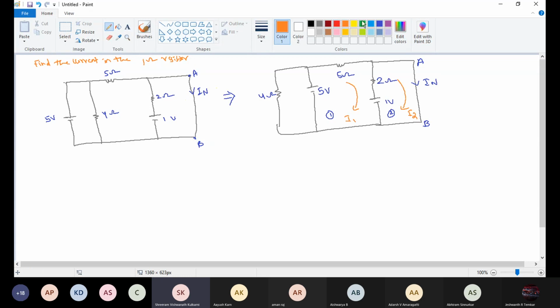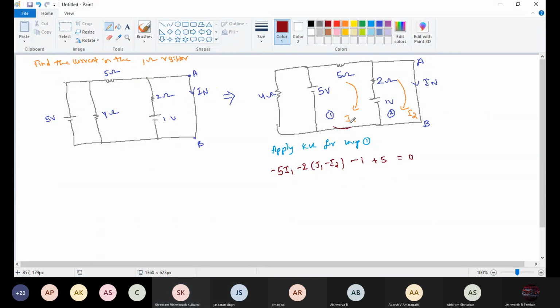Now apply KVL for loop 1. 5 I1 minus 2 (I1 minus I2) minus 1 volt plus 5 volts equals 0.